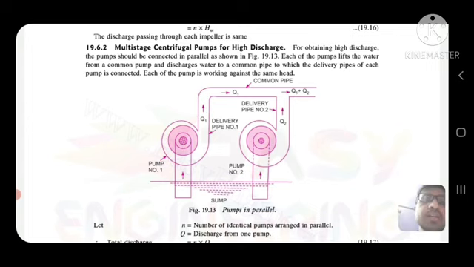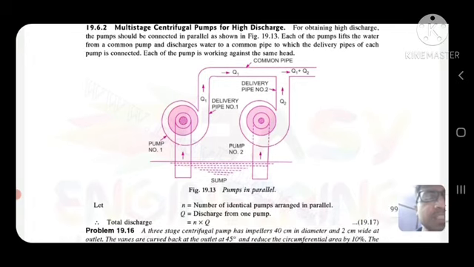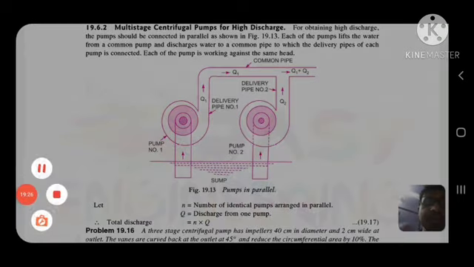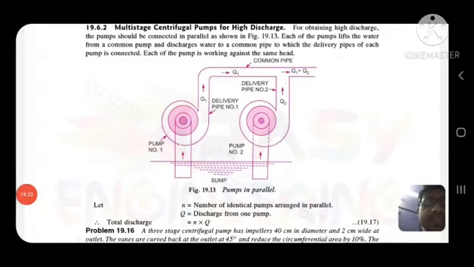Each of the pumps is working against the same head. That is, the two pumps are in parallel. Pump 1, pump 2. N is equal to number of identical pumps arranged in parallel. Q is equal to discharge from one pump. So that is equal to N into Q, total discharge. That is the pumps in parallel.